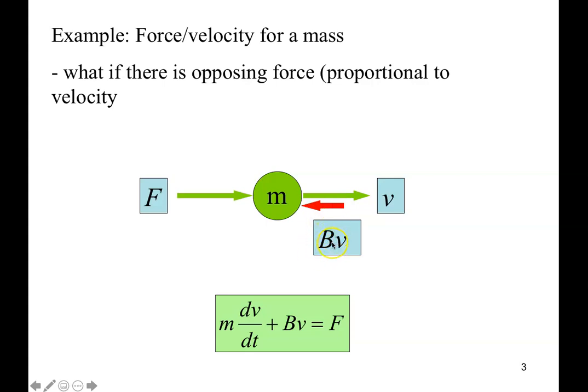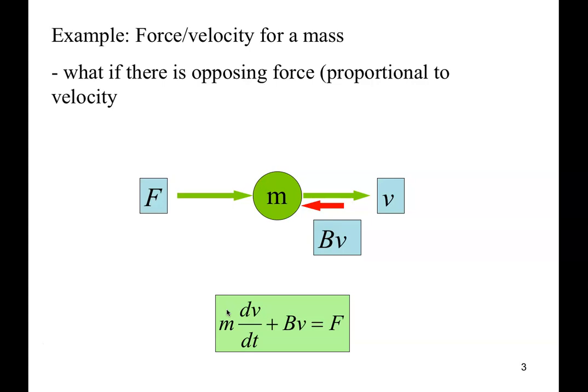b is a constant. Now this time, if you apply Newton's law, the total force, which is F minus the resistance force, equals ma. And so it becomes m times dv/dt equals F minus bv.